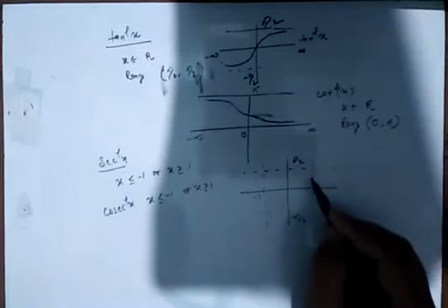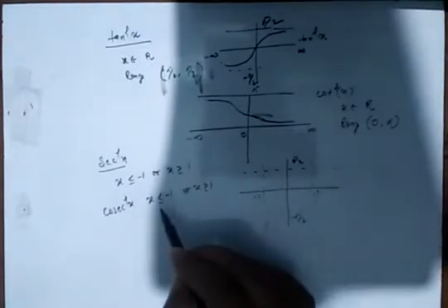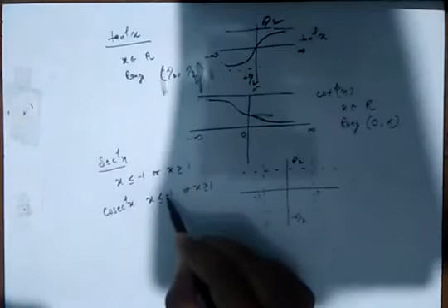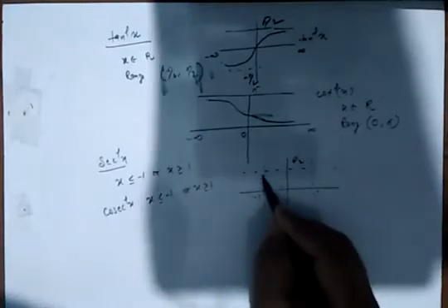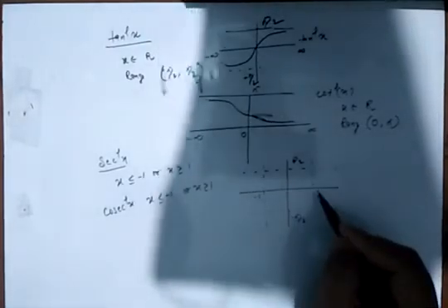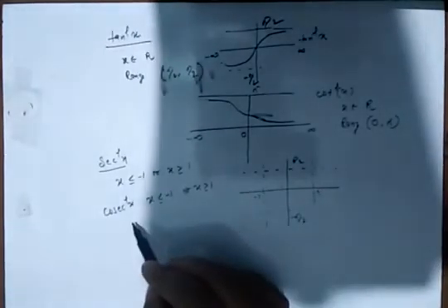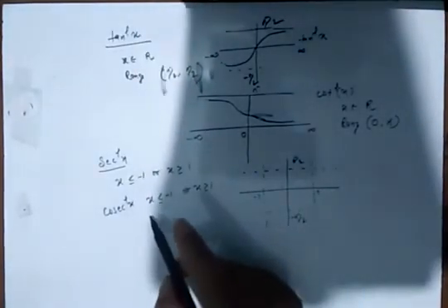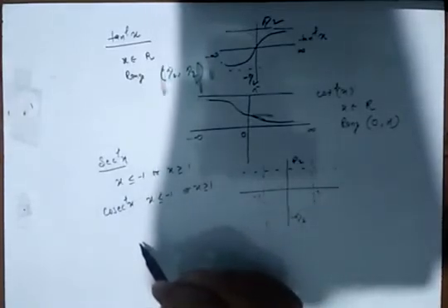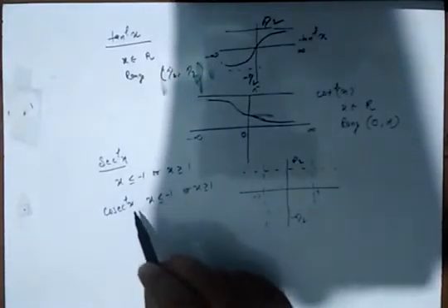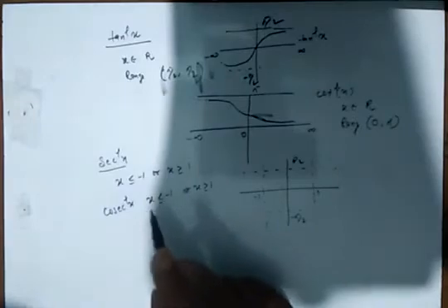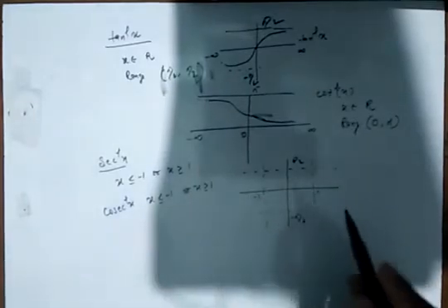So when you say about 0, cosec inverse x, x less than minus 1 or x greater than 1, one part of the function is on this side and the other part on this side. So you can see when you put cos 0, that is 0. When you put cos pi by 2, sorry, cos pi by 2 is 0.